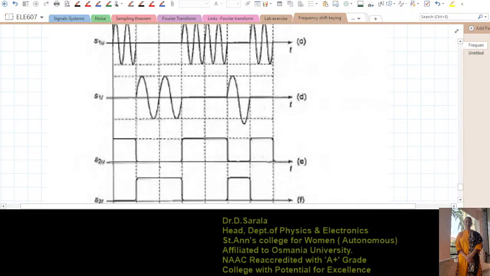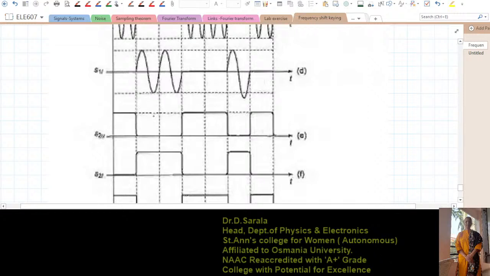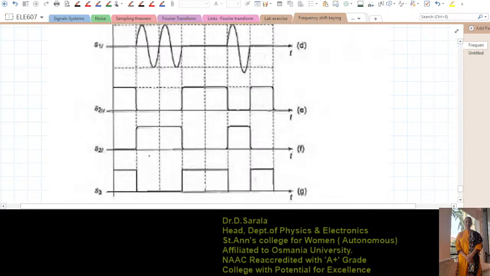And S2, then this is passed, this is bypassed, this is bypassed. S2L, this is passed, say alternately S2U and S2L. Finally the output, what output you are getting is this, 1 0 0 1 1 0 1.